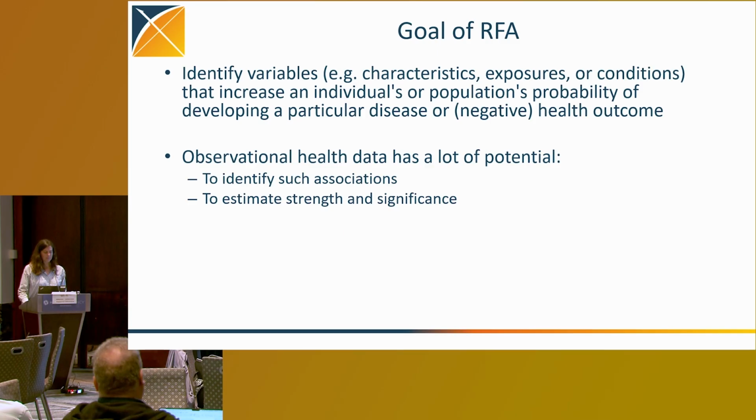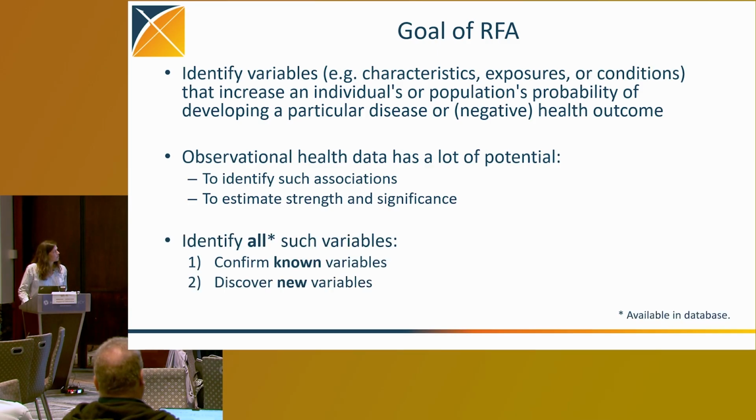So just to recap, the goal here would be to identify variables that increase an individual's or a population's probability of developing a disease or an outcome. And for this, observational healthcare data has a lot of potential, both to identify such associations, but also to then estimate the strength and the significance of those associations.